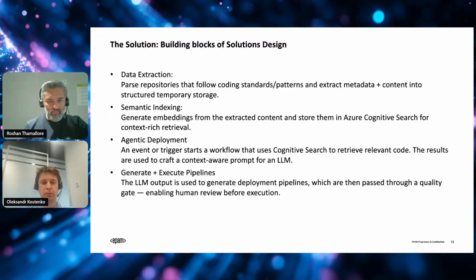The LLM will use this prompt with the context information to generate some deployment pipelines, some code perhaps, and this will pass through a quality gate. The quality gate in our case, since the customer wants human review, will be essentially a human reviewing the code that has been generated, approving it, and then allowing for execution.